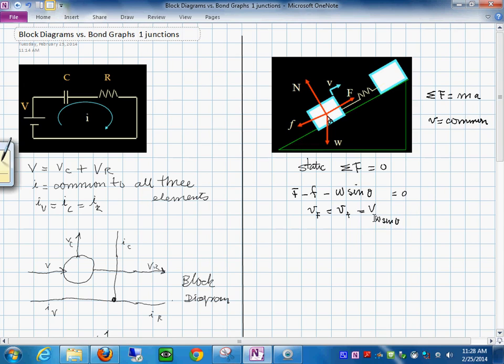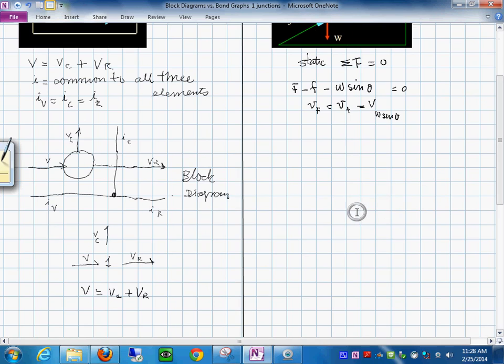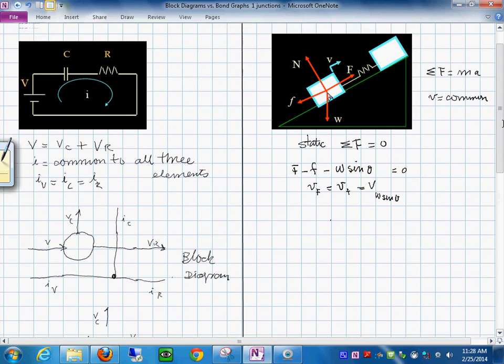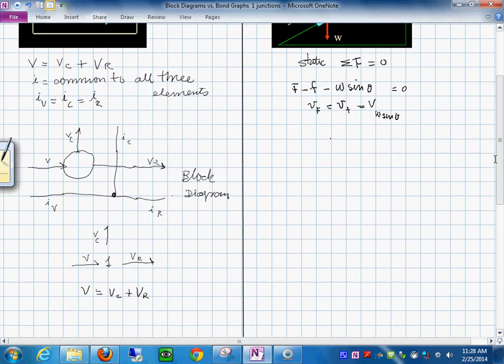And the way we represent this is by a block diagram that reflects such a thing, where you have the summation of the forces here. Let's see how many elements we have. We have 3 in there.